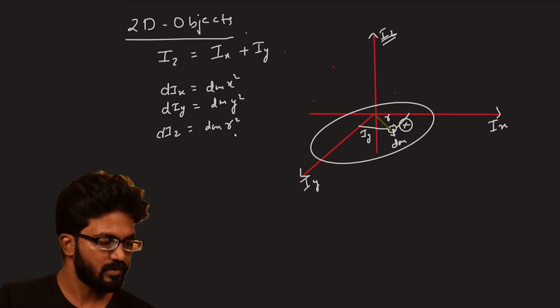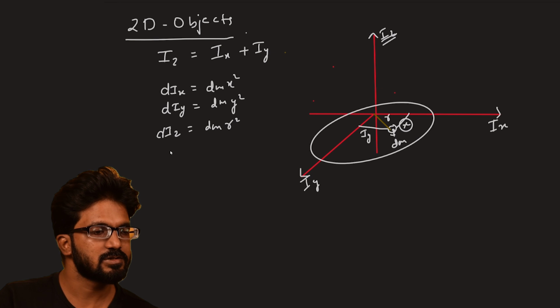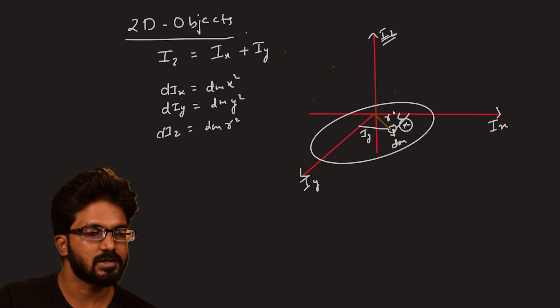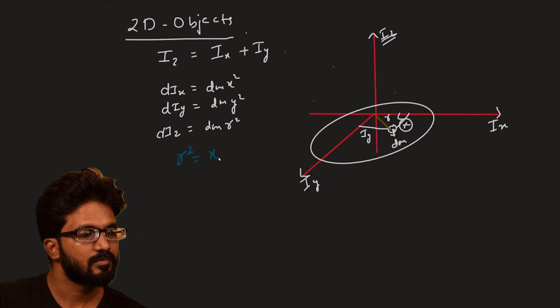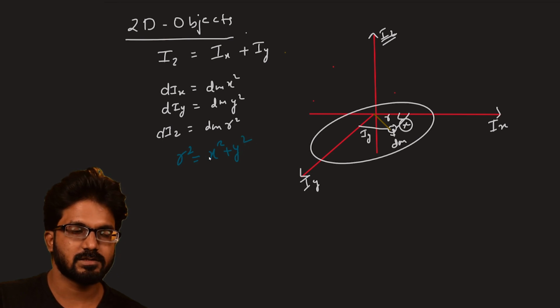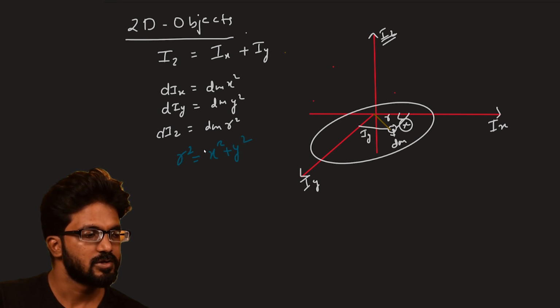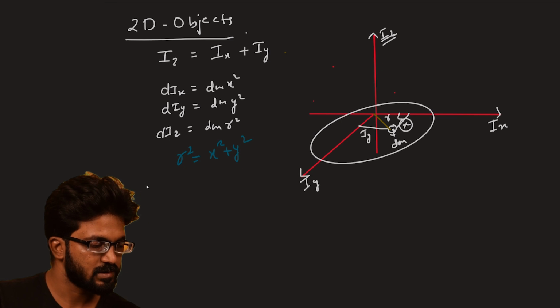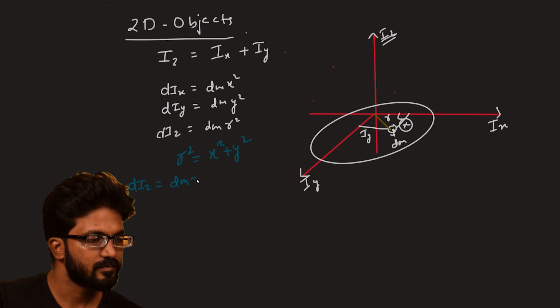Got it? This r² is actually the hypotenuse of x² and y², because you can see that this forms a triangle. So r² can be represented as x² + y², right? So dIz can be represented as dm r².